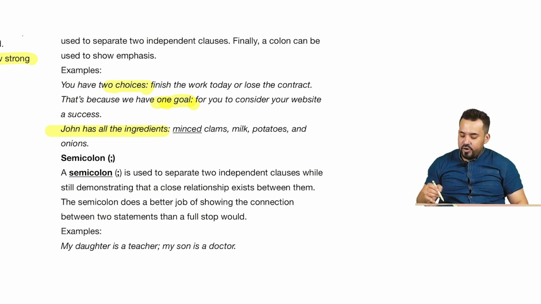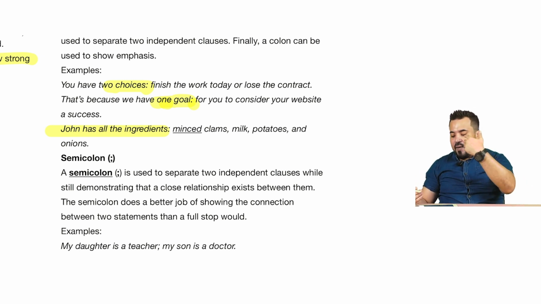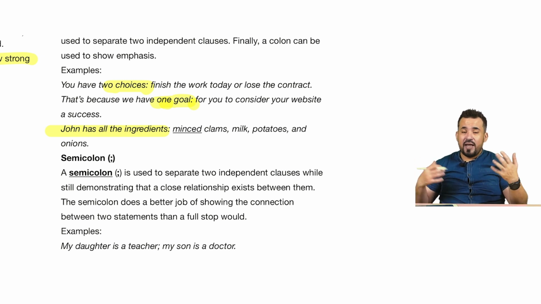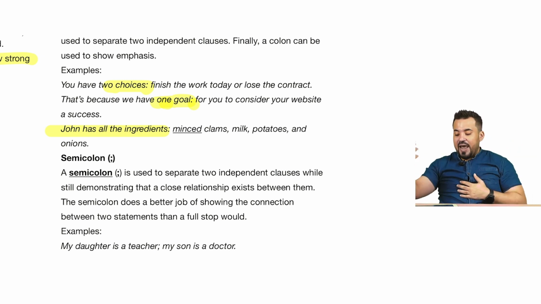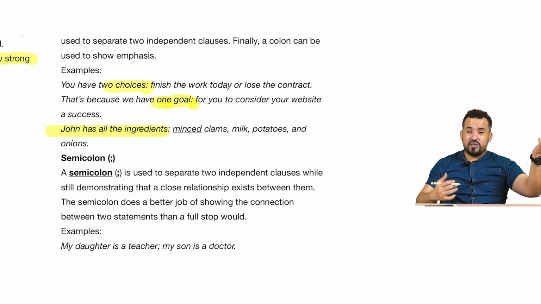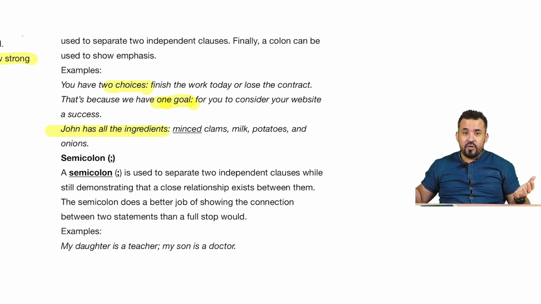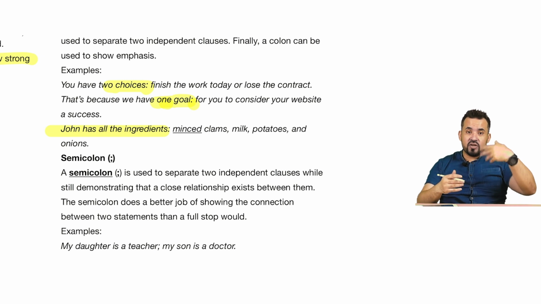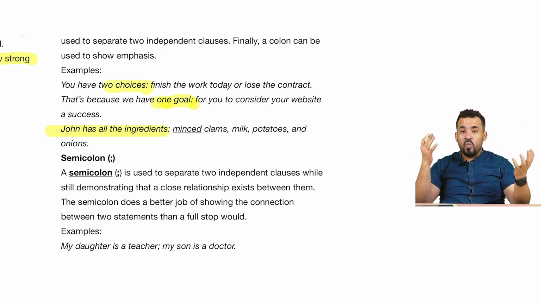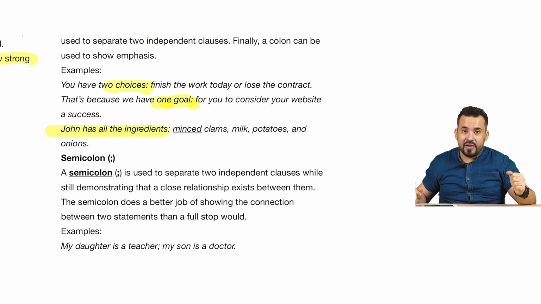Let's see the example here: my daughter is a teacher; my son is a doctor. Here we can use a conjunction, like, my daughter is a teacher and my son is a doctor, or, my daughter is a teacher, but my son is a doctor. So instead of using a conjunction like and or but, we can use a semicolon to replace the conjunction.